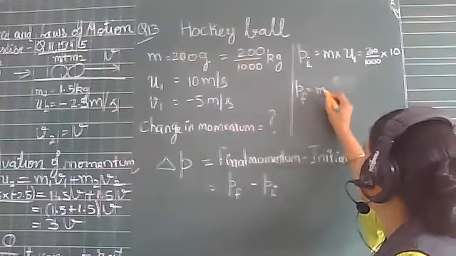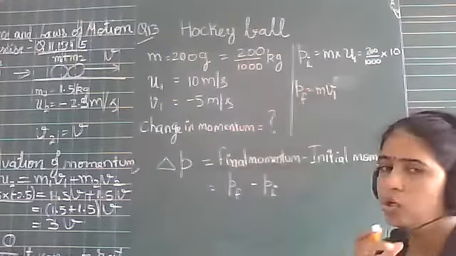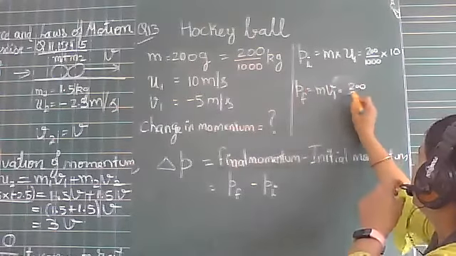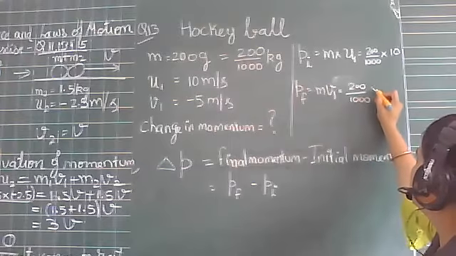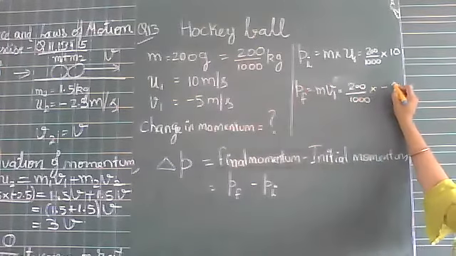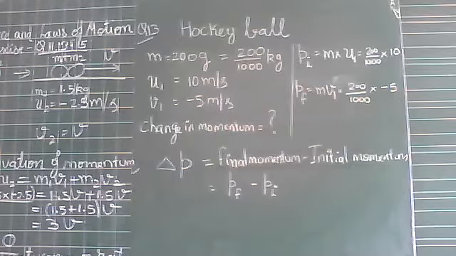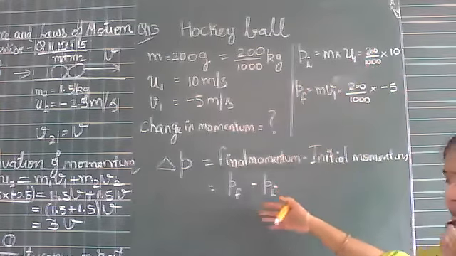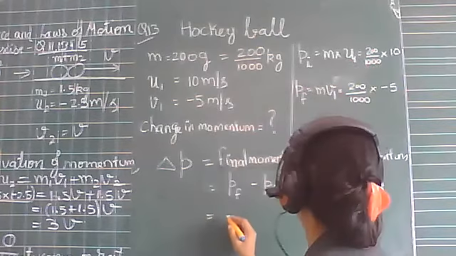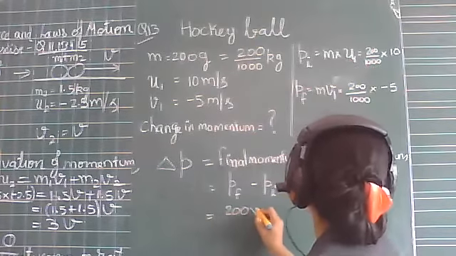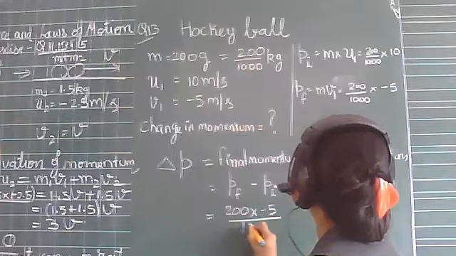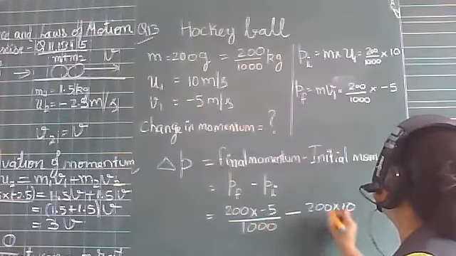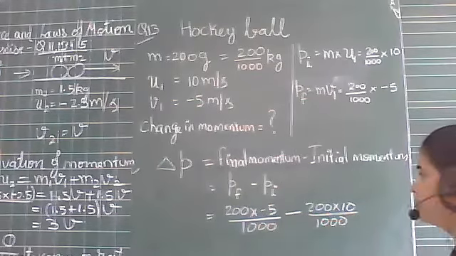Final momentum and final velocity will come, that is instead of U, you are going to have V. So this is 200 by 1000 into minus 5. Right? Now the same values I am taking from here and putting them over here. So let us put the values. So here we are going to get 200 into minus 5 upon 1000 minus 200 into 10 upon 1000.